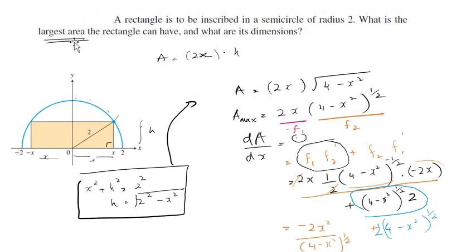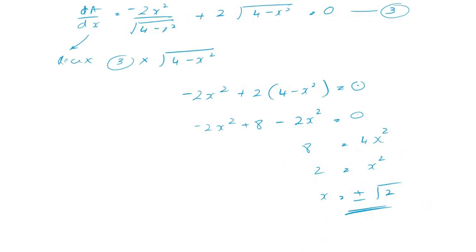What is the largest area? That's the largest area you get of an inscribed square within a circle when x is equal to the square root of 2. That's when the area of the square would be largest. We'll do one more example.